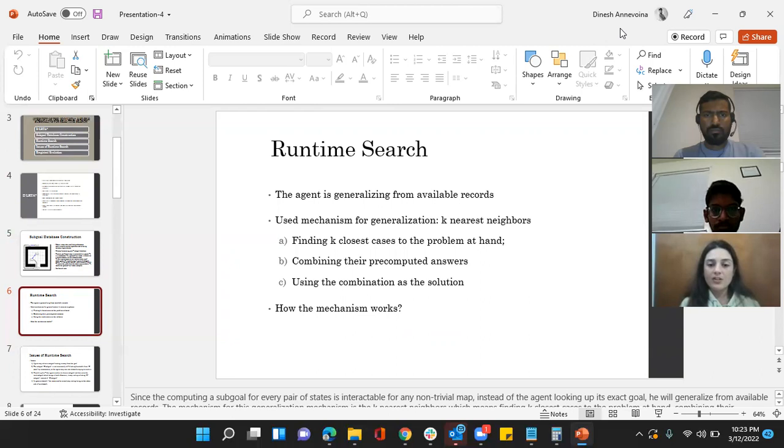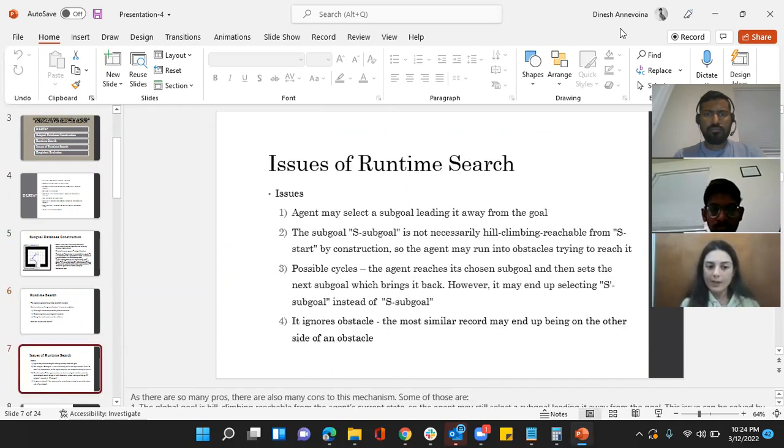Then, when the agent locates the database record most similar to its current situation, it sets the subgoal S prime subgoal from the record as its own subgoal, and it proceeds using the standard LRTA* algorithm. Okay, can go to the next one.